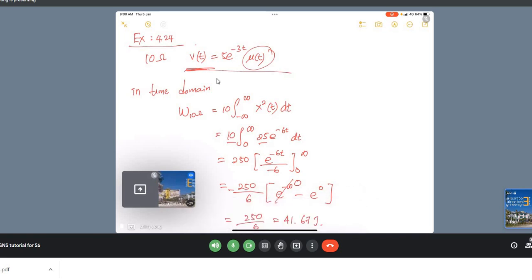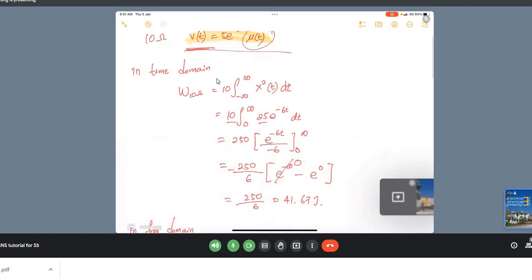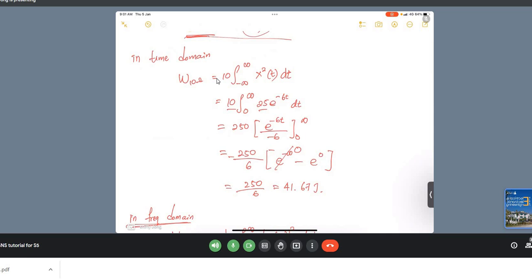Okay, so this is the Vt given by the question. So first of all, you need to find in time domain. So what is in time domain? In time domain, this means that the energy carried by signal, use this formula. So you just substitute because the xt actually is equal to the Vt. So xt square, 10 is referred to the resistor 10 ohm.